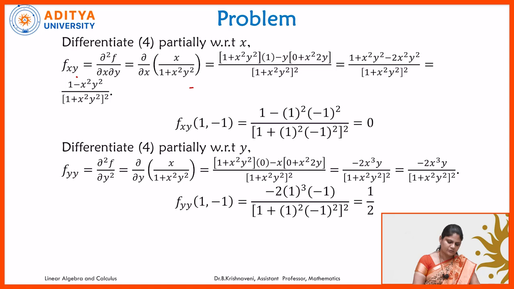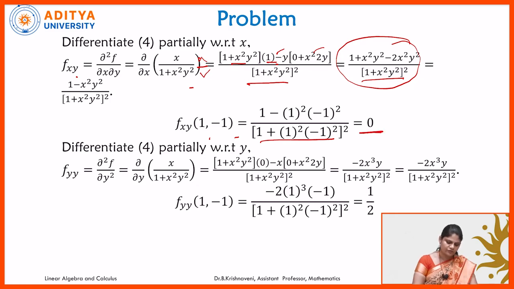With respect to x now, it is in the form of u by v derivative, u dash v minus u v dash by v square. On simplification you got the function is this. And now find out fxy of 1 comma minus 1. Taking x is equal to 1, y is equal to minus 1, you got the value is equal to 0.